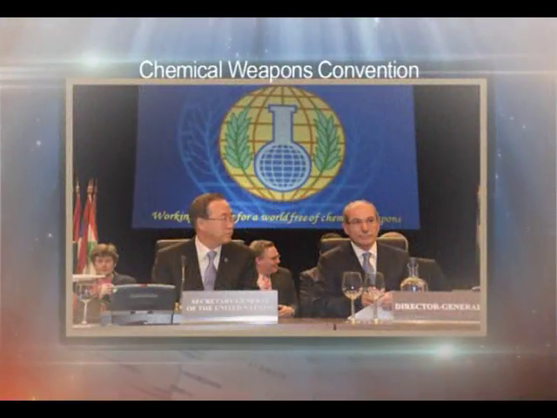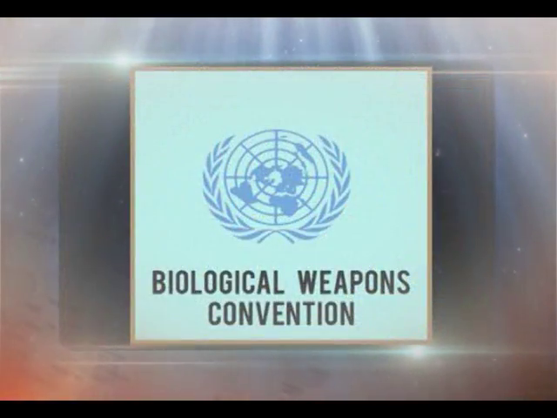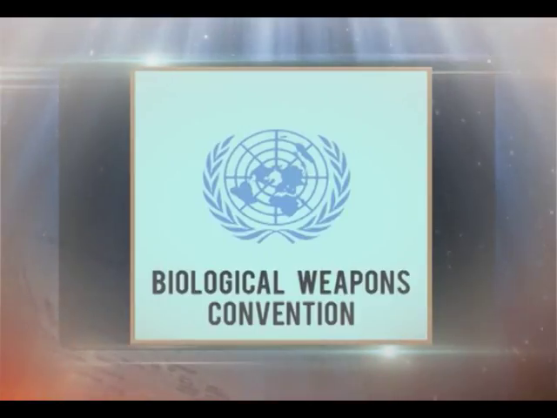Similarly, the CWC, the Chemical Weapons Convention, or the BWC, the Biological Weapons Convention, these are also treaties among nation states. Nation states have come forward to sign these treaties in order to control and regulate the production, the export or import of nuclear weapons, chemical weapons, and biological weapons.